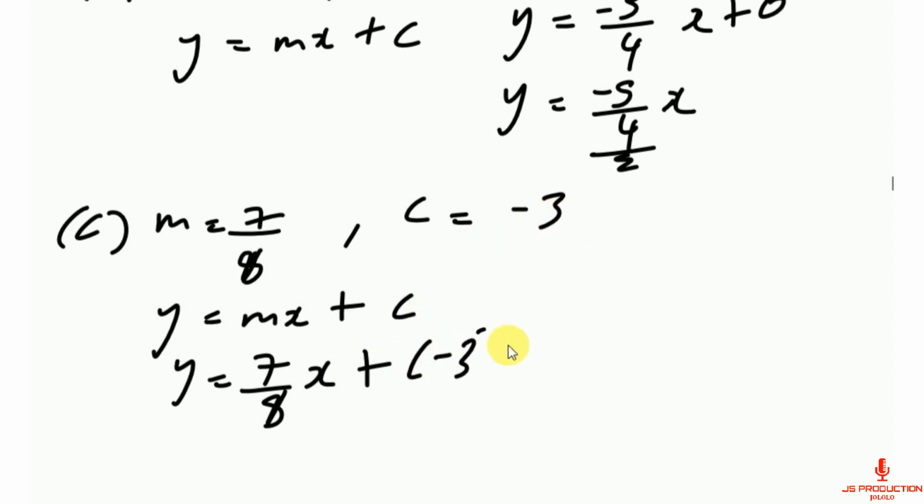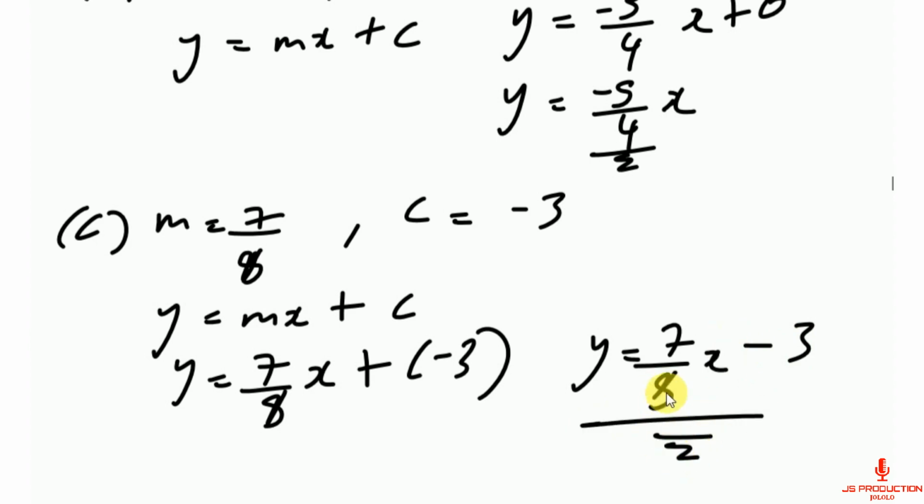Then y is equal to 7 over 8 x, positive multiplied by negative gives negative 3. So our equation of the straight line is going to be y = 7 over 8 x minus 3.